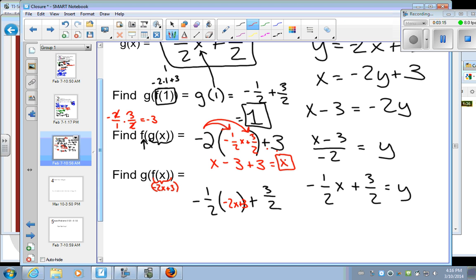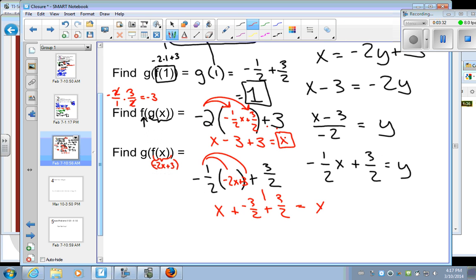And then distribute in, negative 1/2 times negative 2 is positive 1x. Negative 1/2 times positive 3 is negative 3/2. And then I still have this plus 3/2. And negative 3/2 plus 3/2 is 0. So I end up with x.